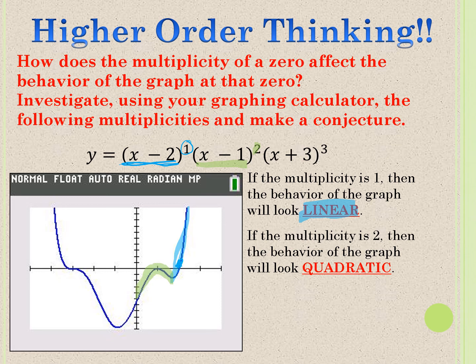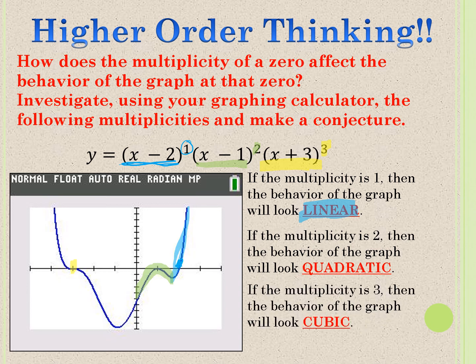Looks like a quadratic because its multiplicity is 2. Now, let's look at our next root. Our next root is -3, okay, and it's got a multiplicity of 3. So 3 is odd, so it's going to go straight through. But did you know that also because it's 3, it's cubic? So it's going to kind of look like a cubic graph as it goes through that intercept.